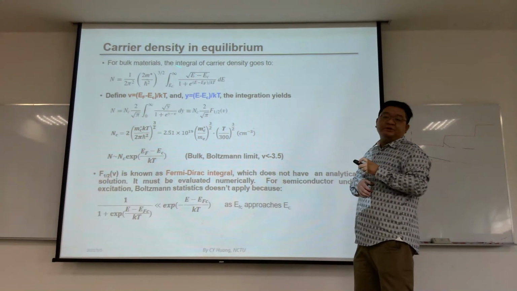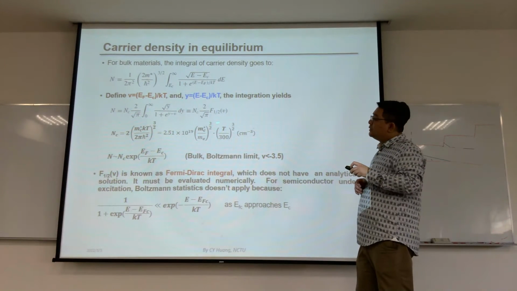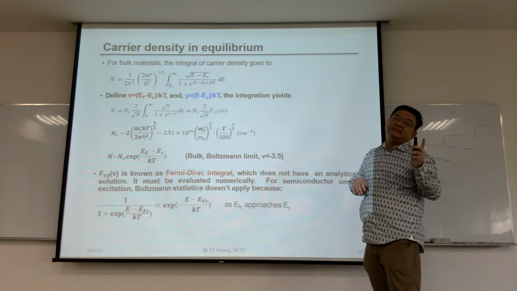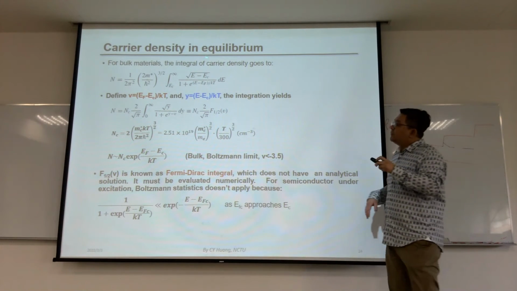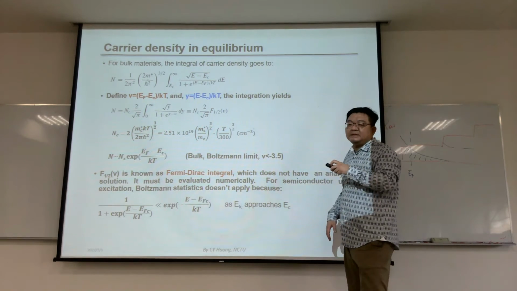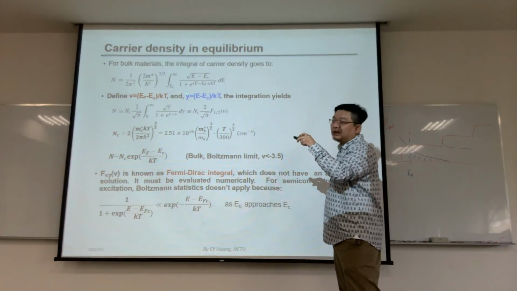Because this integration doesn't have a specific solution. From the last class, because the EF is much lower than E, this term is much larger than 1.